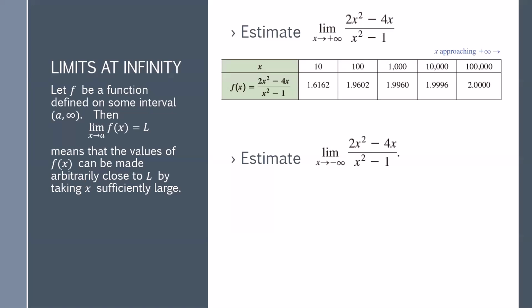And as the x values get larger, it looks like the y values go from about 1.6 to 1.9 to 1.99, ultimately to 2. And so we would say the limit as x approaches infinity of 2x squared minus 4x over x squared minus 1 is equal to 2.